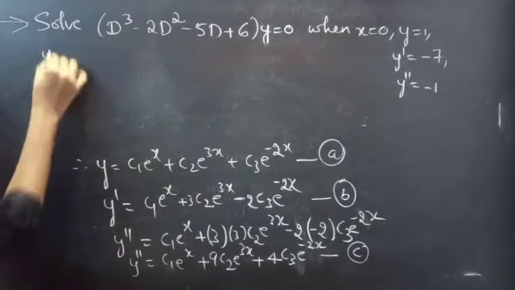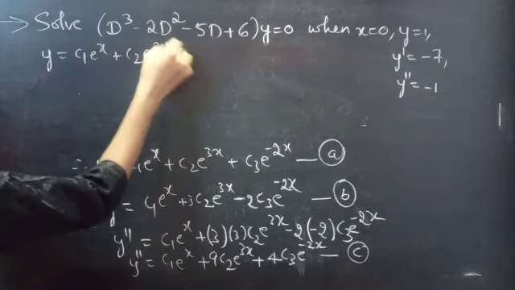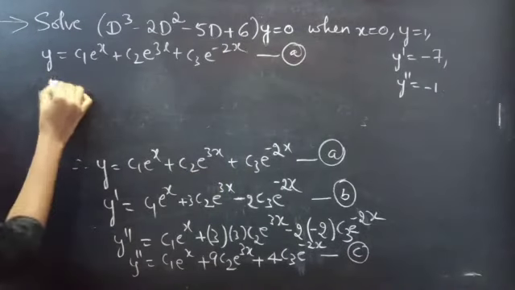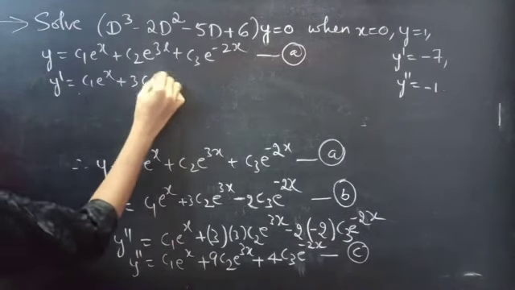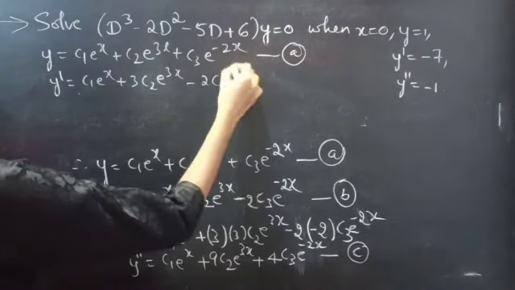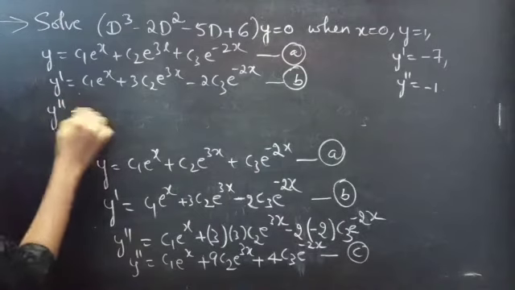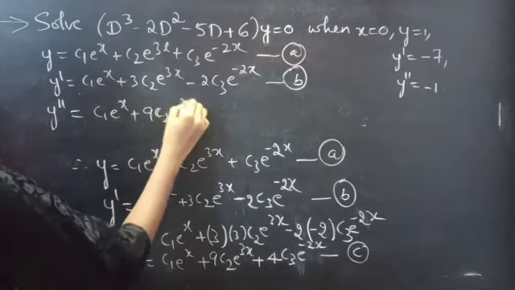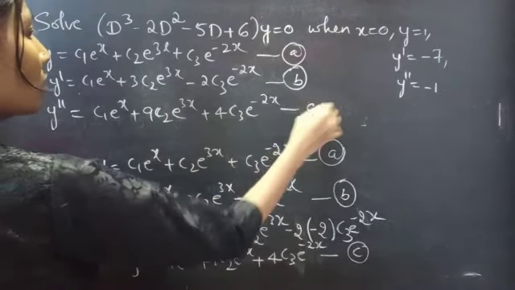We have equation A. Equation B is y dash equals to c1 e power x plus 3c2 e power 3x minus 2c3 e power minus 2x and y double dash equals to c1 e power x plus 9c2 e power 3x plus 4c3 e power minus 2x.